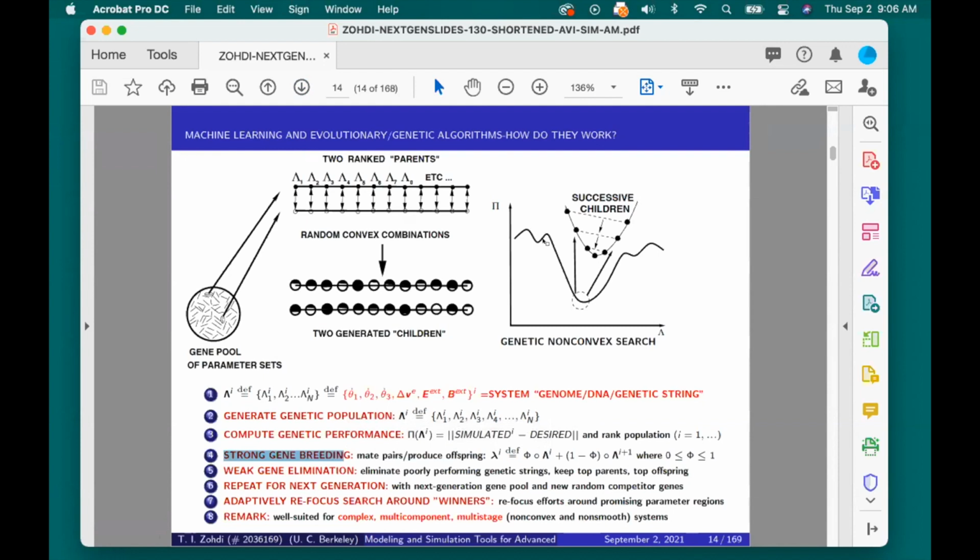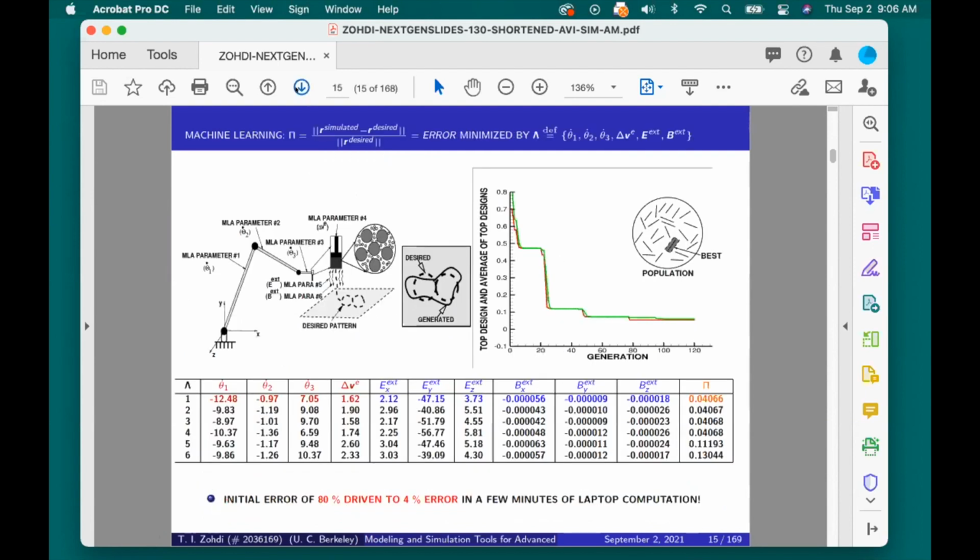Essentially, this is a non-convex optimization scheme where we're driving the system towards what we believe to be our global optima. So again, not sensitive to gradients, not sensitive to local fluctuations. And as I said, once we get close to these, what we believe to be global optimal states, we may switch to a gradient-based method if the convex function is smooth enough. Here is an example. We take a problem where we had the figure 8.